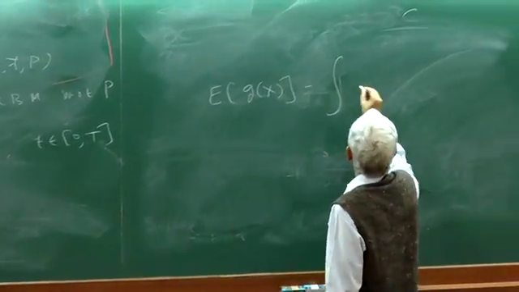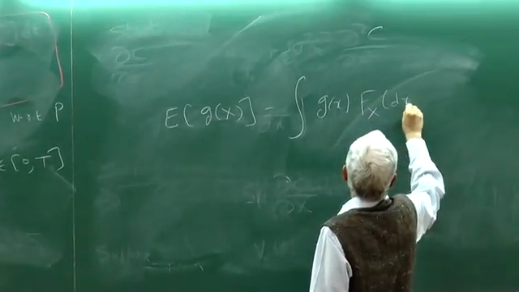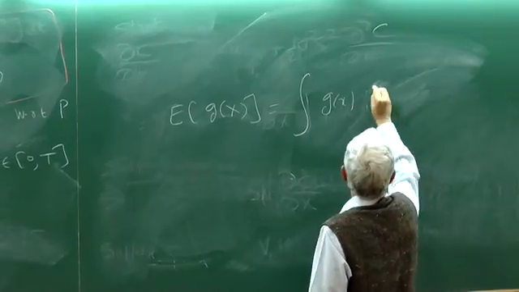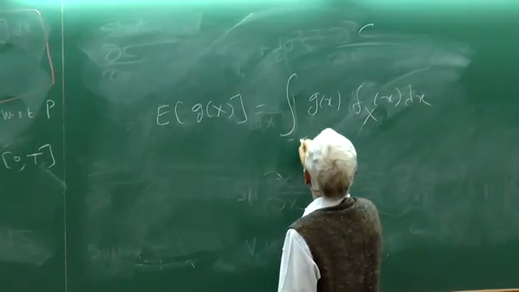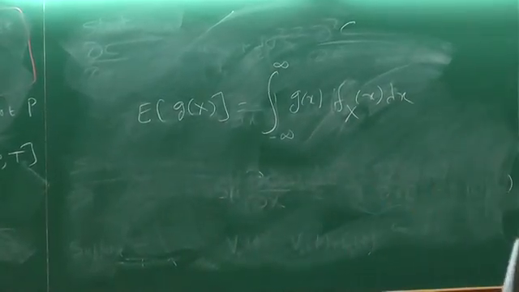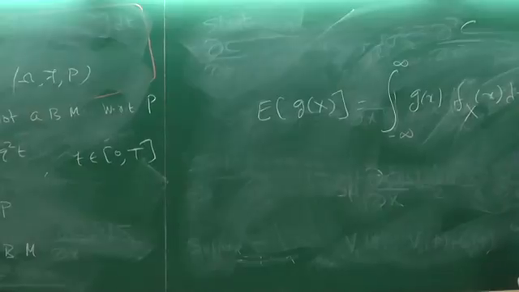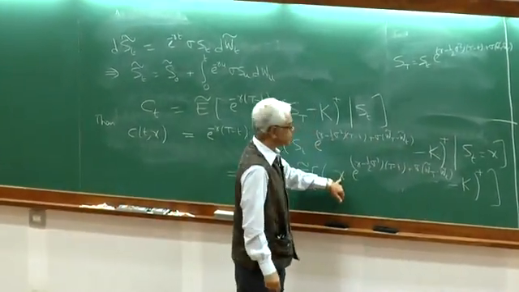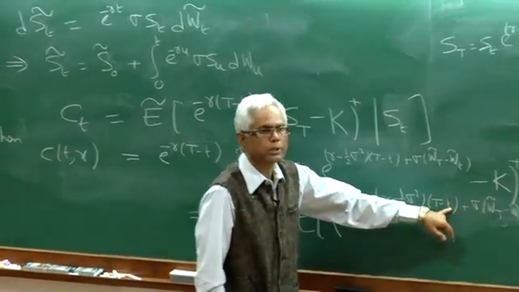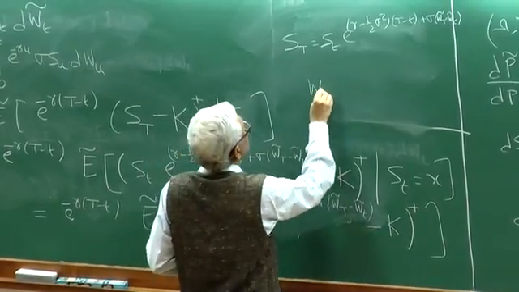Expectation of g of X is the integral of g(x) f(x) dx, if you know the density f of X. This formula we all know. Expected value of g(X) is the integral of g(x) with respect to the density of X. Now can I calculate the density of these guys? If I calculate the density, then I am done. This creates no problem, it's a constant. And what is the distribution of WT tilde minus Wt tilde? What is the distribution of this?